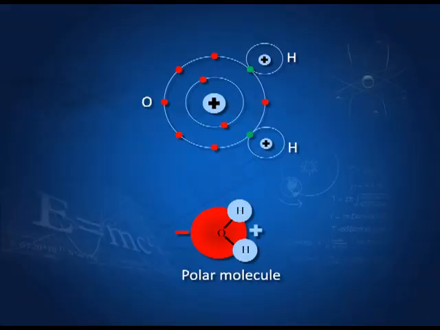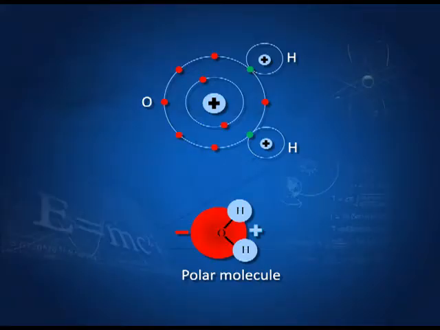Here I have shown you the atomic structure of the water molecule. These are the hydrogen atoms, this is the oxygen atom, and they share these two electrons shown in green. Now, what happens? The remaining electrons, these red ones, exert force on these two shared electrons.